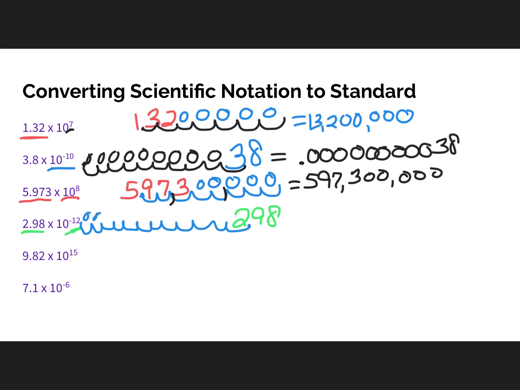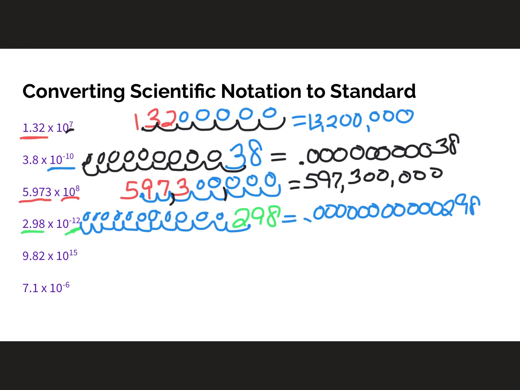So that's 11 zeros added. So this is a decimal: 0.00000000000298.